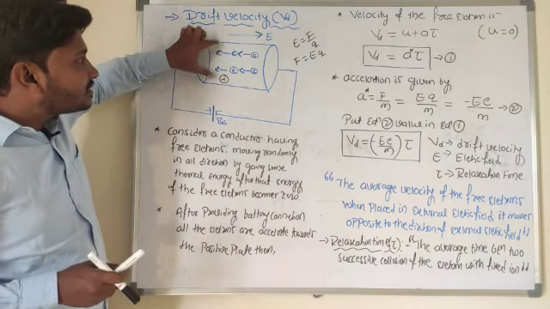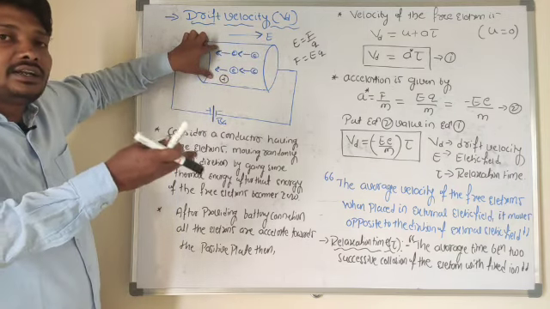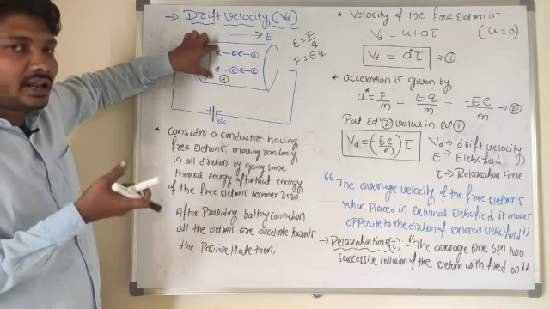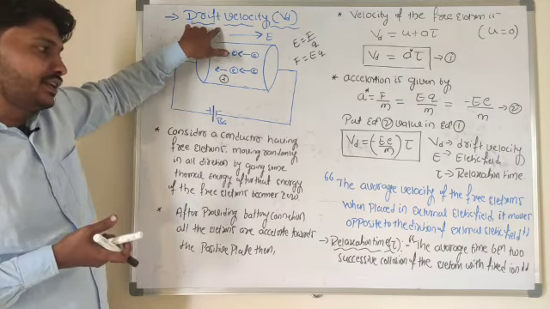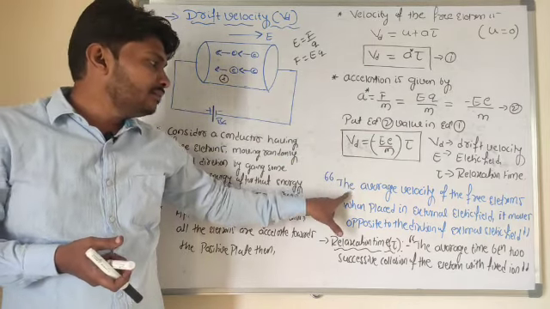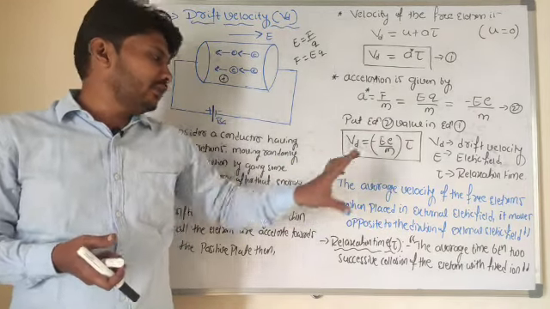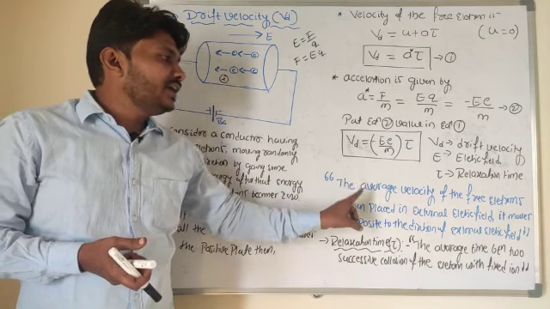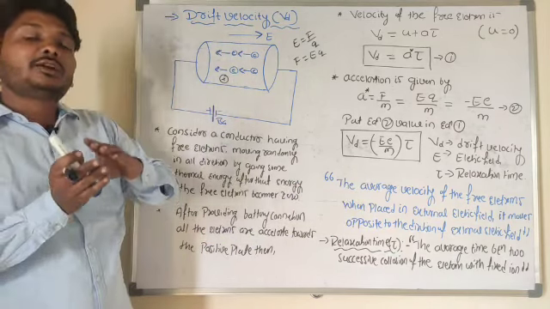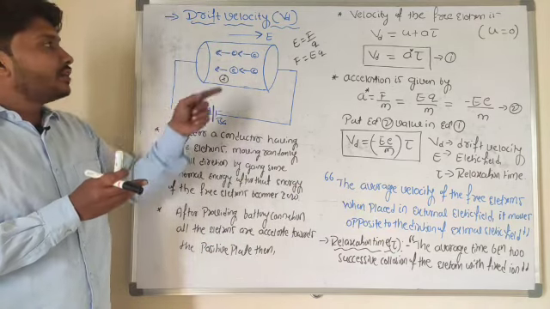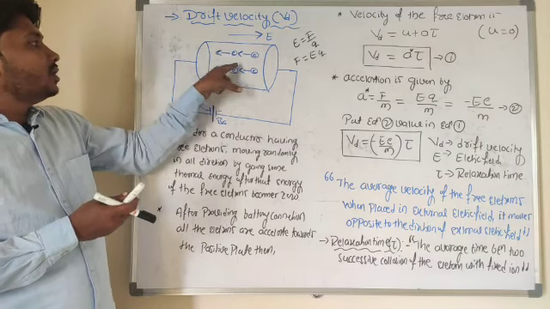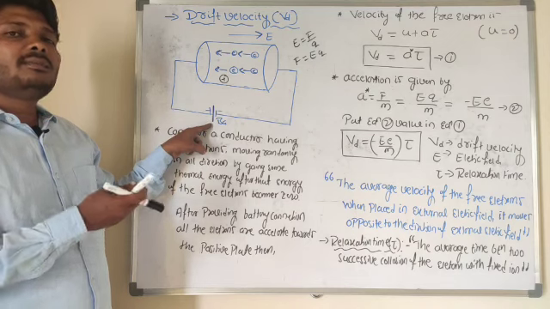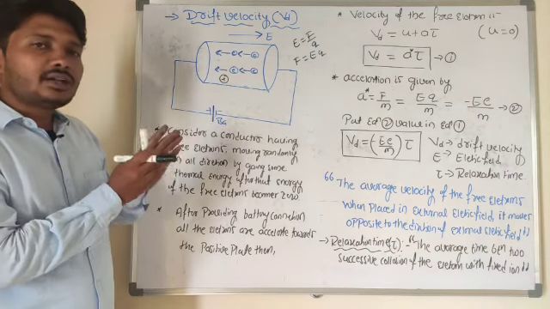These electrons drift with a certain velocity, and that velocity I will name the drift velocity. The average velocity of free electrons when placed in external electric field moves opposite to the direction of the field, or in other sense towards the positive plate of the battery. So this is about drift velocity.